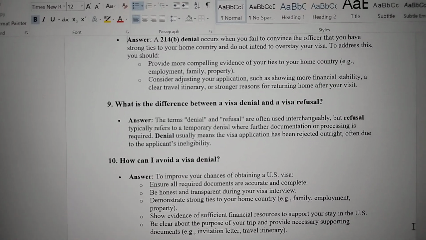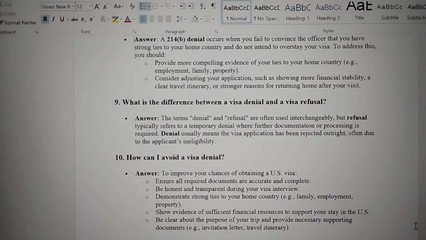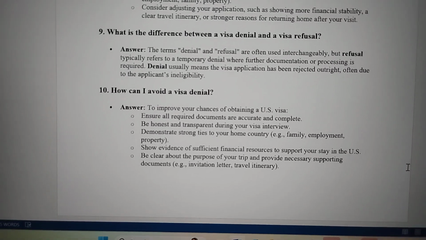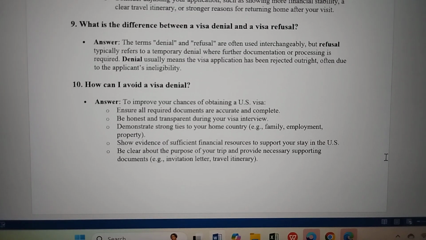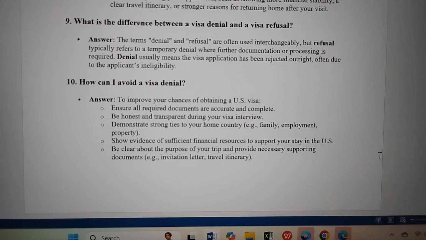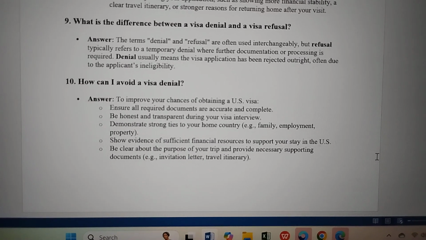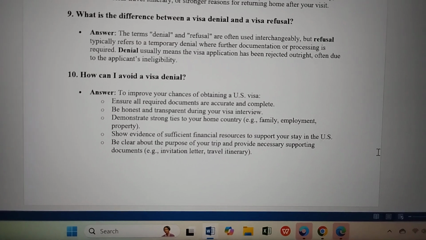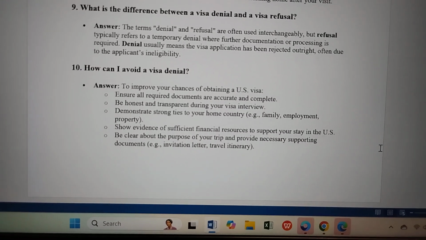Denial usually means the visa application has been rejected outright, often due to the applicant's ineligibility.